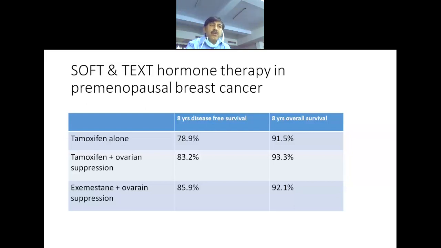So these are the two methods. Initially, it was only tamoxifen being used, but now this trial has established that the combination of tamoxifen plus ovarian suppression or this aromatase inhibitor plus ovarian suppression is better as compared to tamoxifen alone.